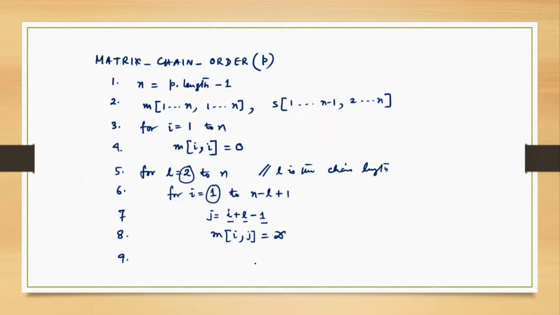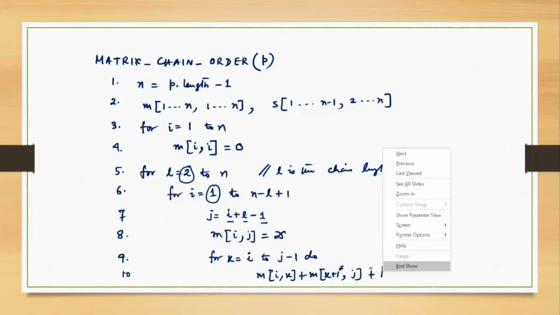Then after that, we apply the formula. For k starting from i and repeating up to j minus 1, do the following: you have to write the formula. The formula is very simple: m of i to k plus m of k plus 1 to j, plus p of i minus 1 into p of k into p of j.